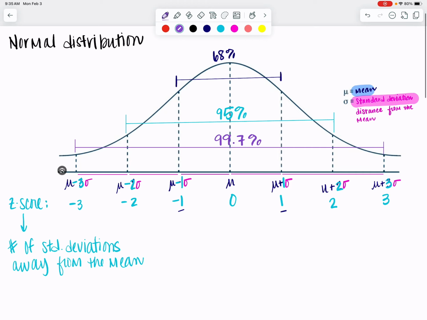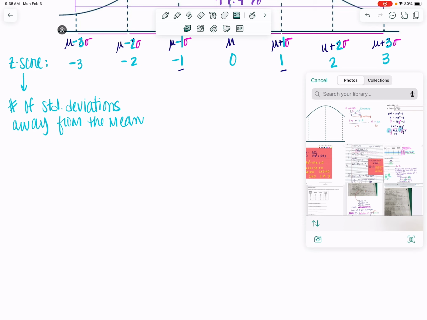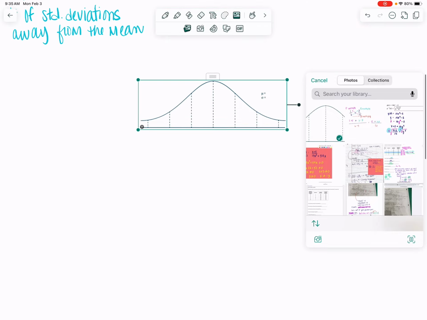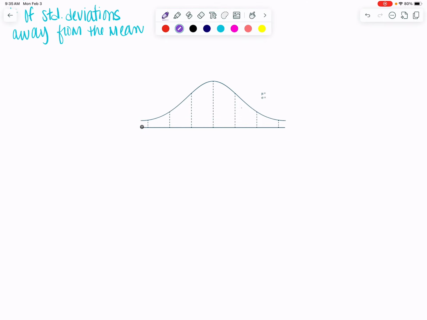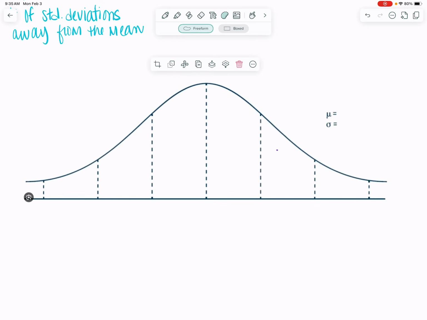Let's look at this with some data. So I'm going to put some numbers on here. I'm going to make them up.